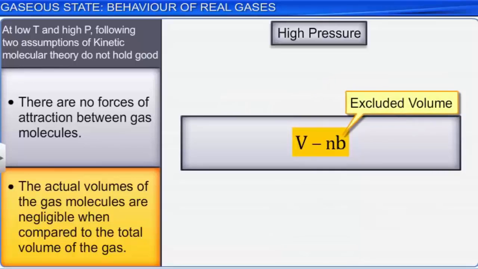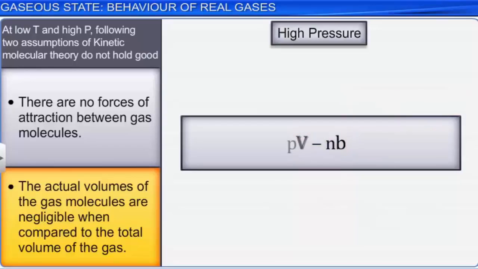After substituting the two corrections of pressure and volume in the ideal gas equation, PV is equal to nRT, we get P plus an square by V square multiplied by V minus nb is equal to nRT. This equation is known as van der Waals equation.